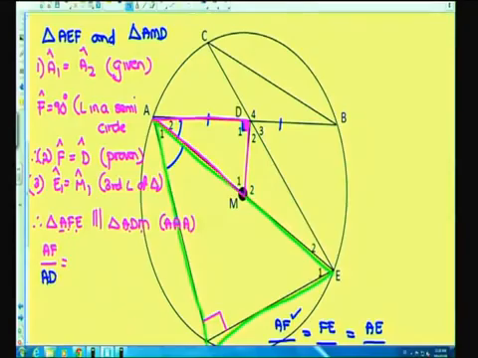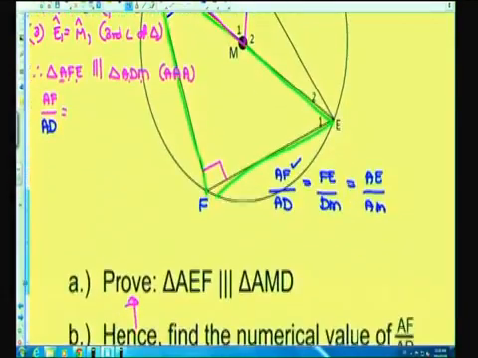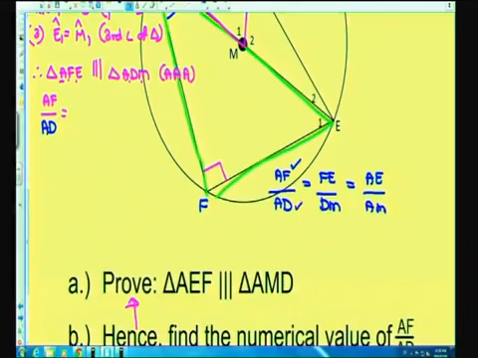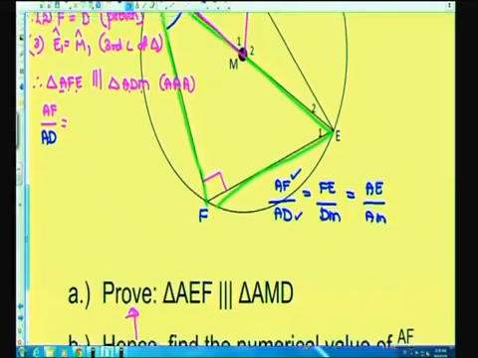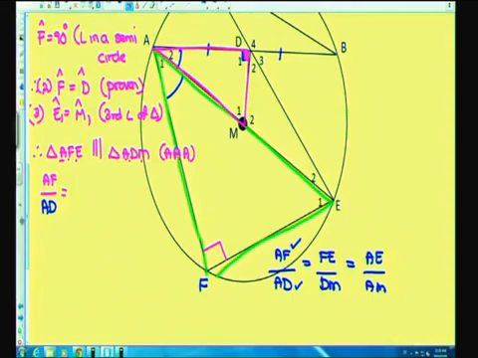So do I have AD in my little ratio? I think I do have. There it is. So now I've just got to decide what I already know. So let's go to the others. Do I know anything about FE and DM? And do I know anything about AE and AM? Now that is a good one because what do we notice about AE?